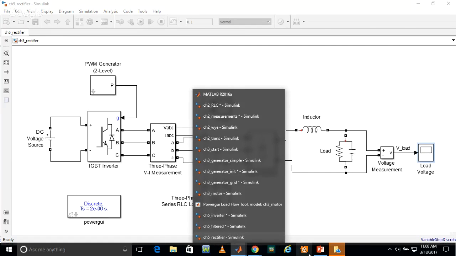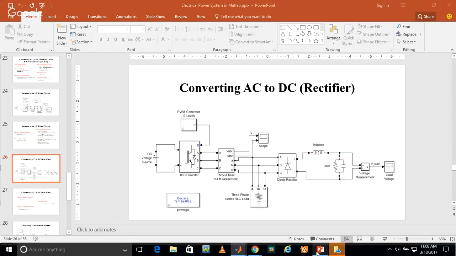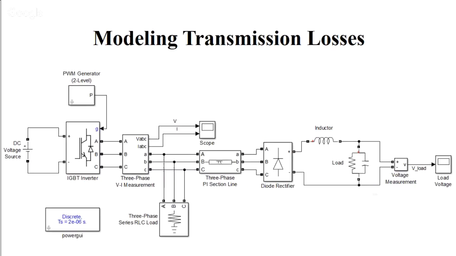Now the last thing that we have to do in this is the three-phase PI section line. In the grid system, we have transmission lines, right? So in the transmission lines, we have to give the R value, the inductance value, how much length it is, and what power is required by that line.